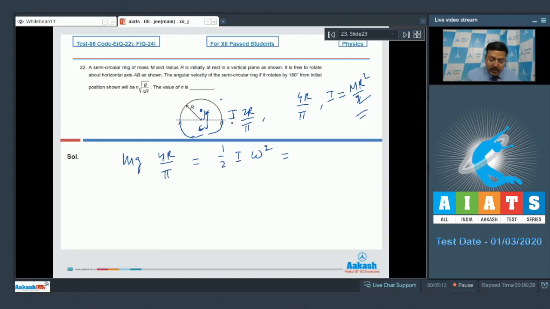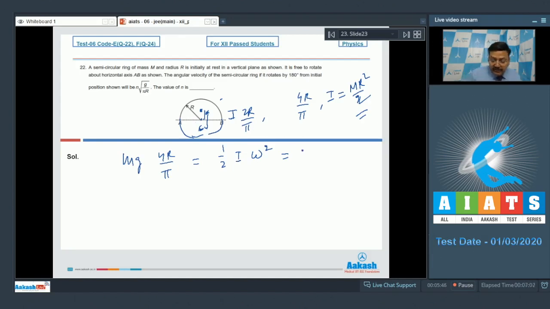We can put one more semicircular ring like this, so we have a complete ring whose mass would be 2m and whose moment of inertia about an axis perpendicular to its plane passing through its center would be 2mr square. So half of that, and so by applying the perpendicular axis theorem, the moment of inertia about a diameter of each one of these two semicircular rings can be found as mr square by 2.